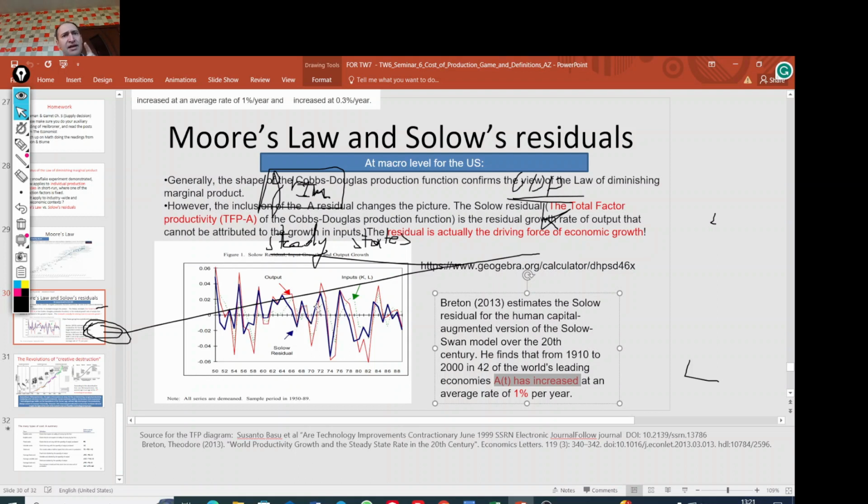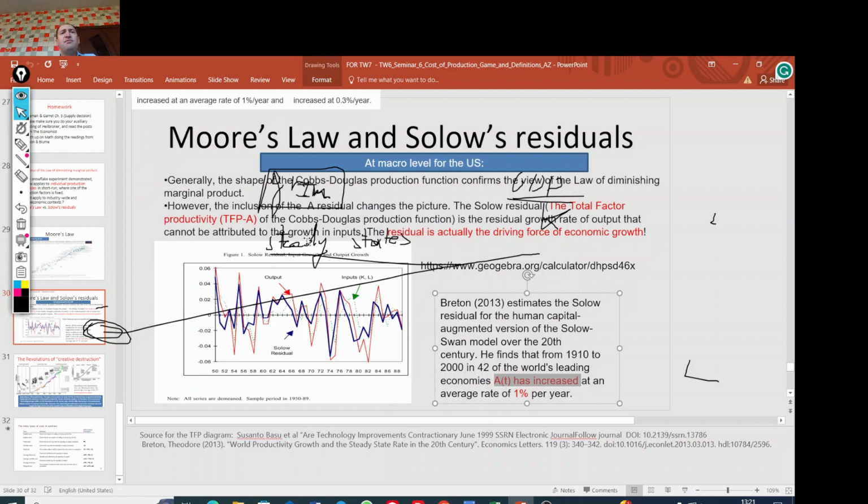So the blue line drives the red line: the Solow residual, the A factor, the total factor productivity drives your GDP. Essentially, it's shown here, and that's because that A, the total factor productivity, keeps increasing.